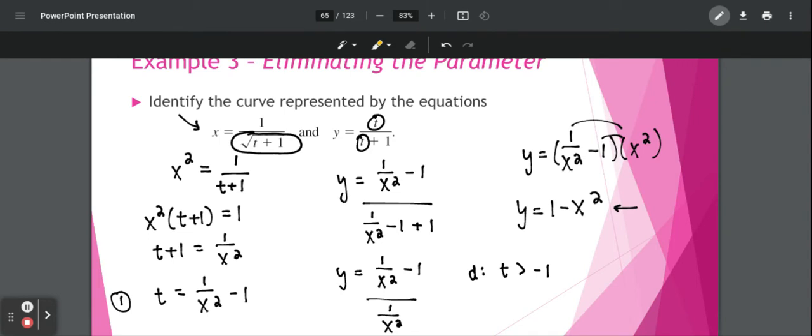If we go back to this t equation where we solved for t, if the lowest number we could plug in here was something really close to negative 1, we would know that our x value would have to be greater than 0, right? Because this t has to be greater than negative 1. So our x has to be greater than 0. That's that restriction there.